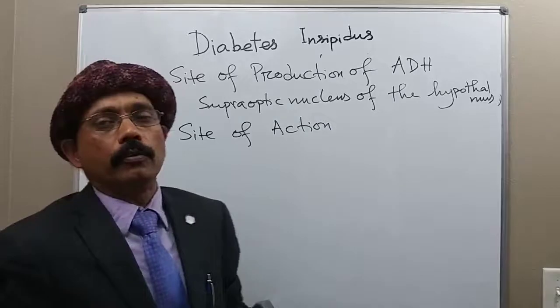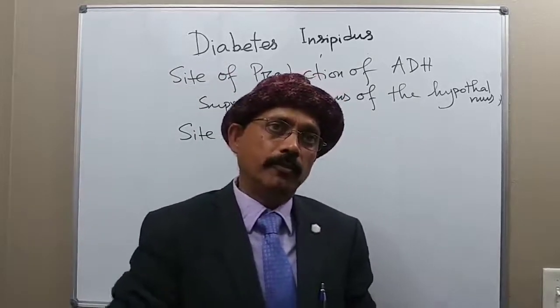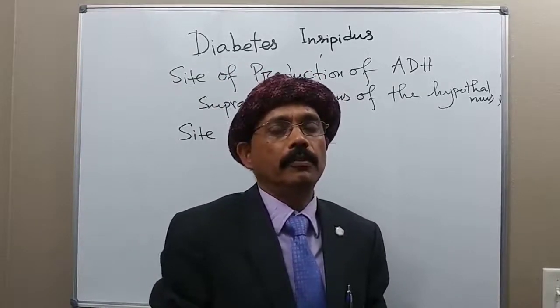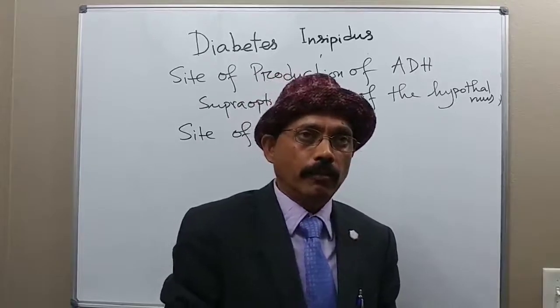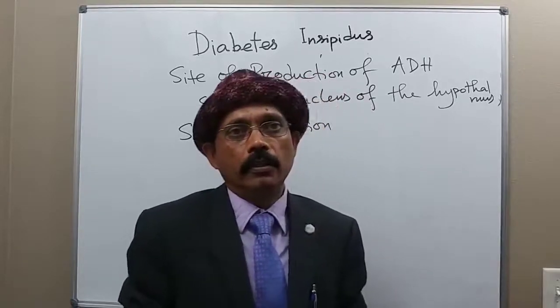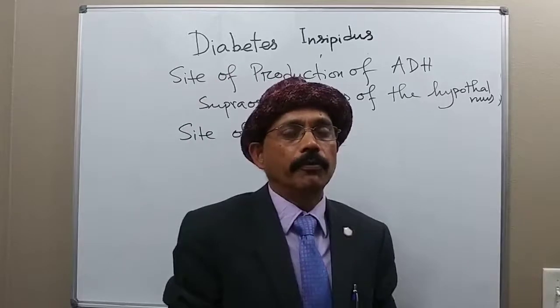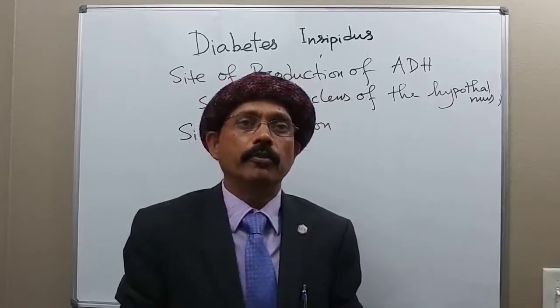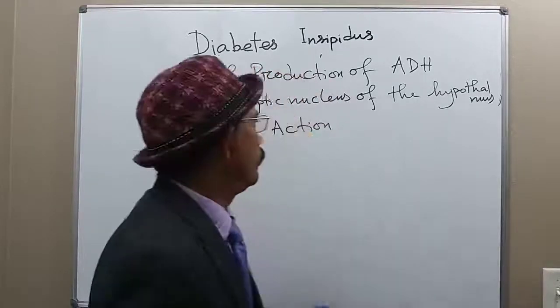This hormone acts on the blood vessels, but its most important function is that it acts on the collecting tubules of the nephron, and also the distal convoluted tubule of the nephron.